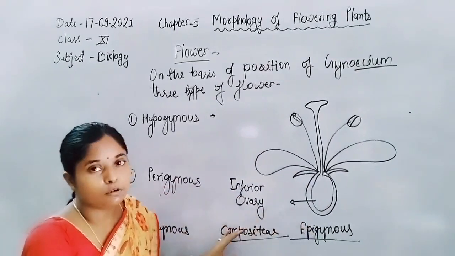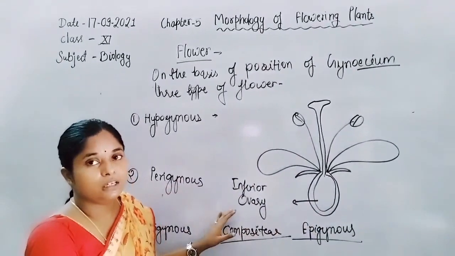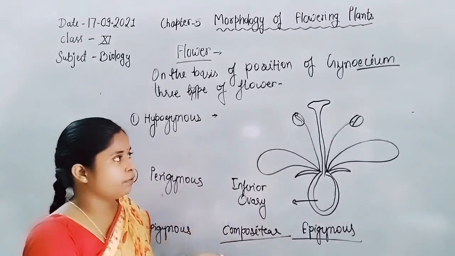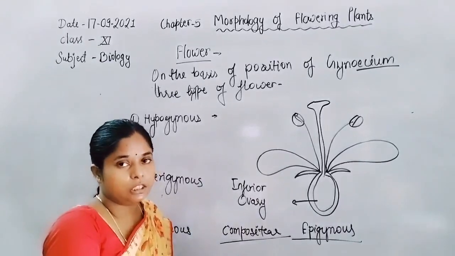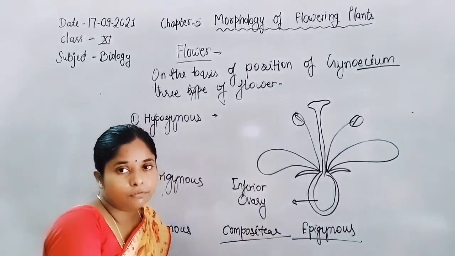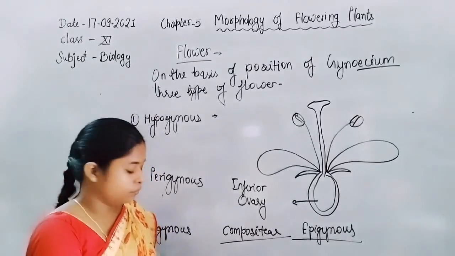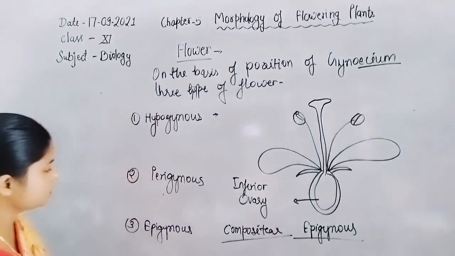Such an ovary is known as inferior ovary. In the epigynous type of flower, the ovary is fully covered by the sheath, and at the end of the ovary the other flowering parts originate.